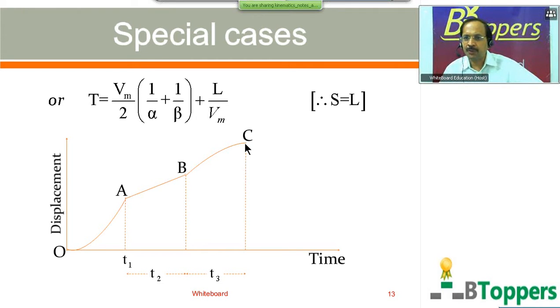You can observe that at the point C on the graph, if a tangent is drawn to the curve at the point C, it will be parallel to the x-axis. That means the slope of the displacement time graph will be 0 at the point C, because velocity will be 0 at the end of the journey here.